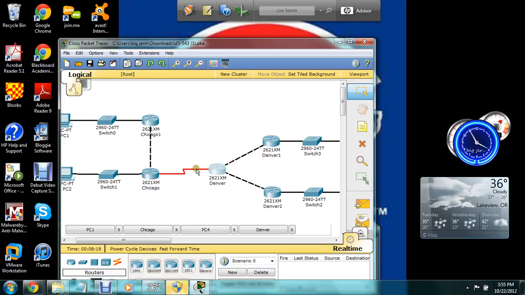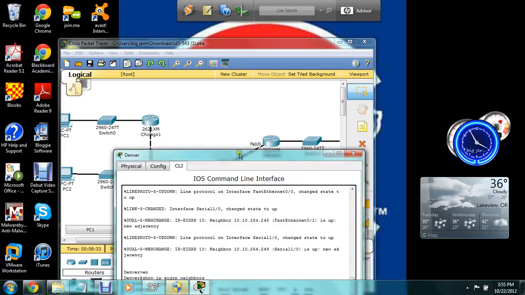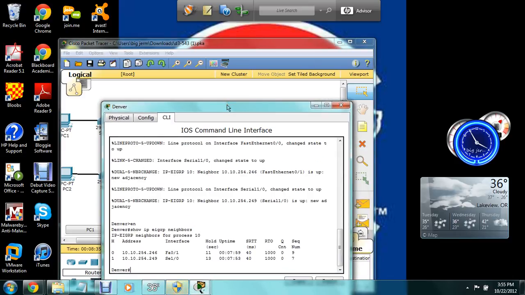And this is our serial interface here. And here's Fa0/1. Okay. So what we should have here is it's not showing that we have an Fa0/0 set up. So they're not connecting there.